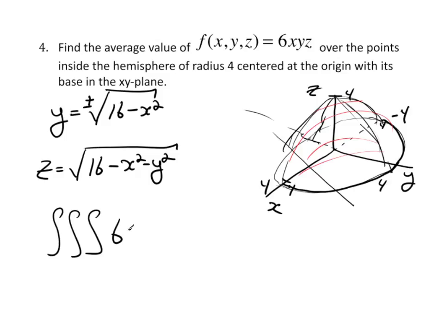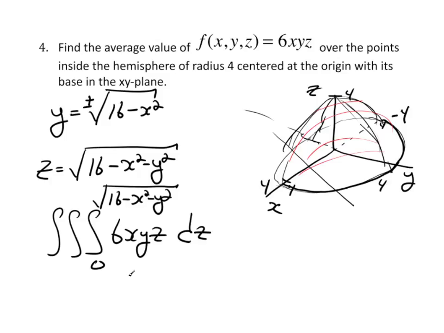It's going to be of 6xyz. If I think in terms of dz first, z is going to go from 0 to the square root of 16 minus x squared minus y squared. That covers z.